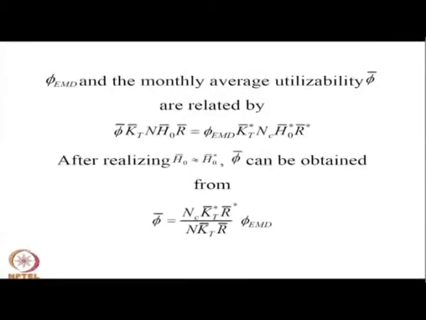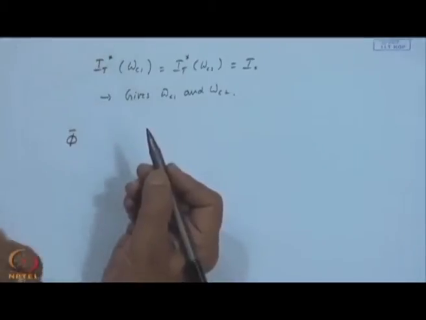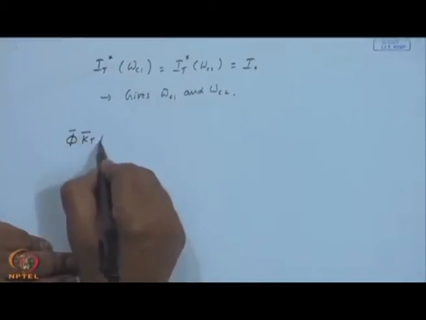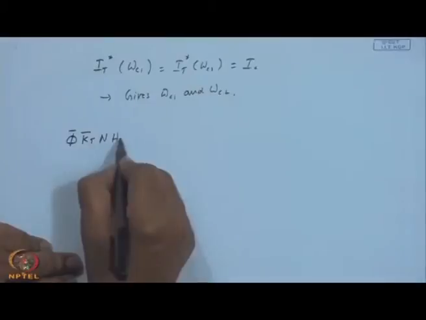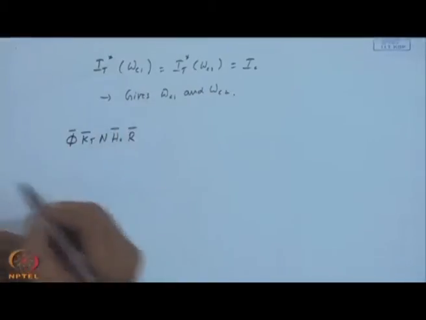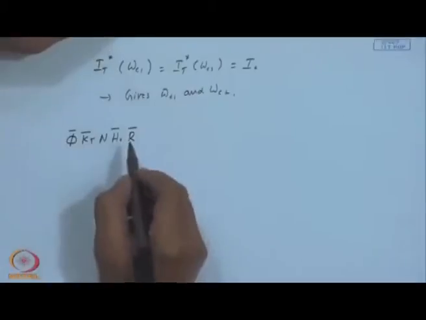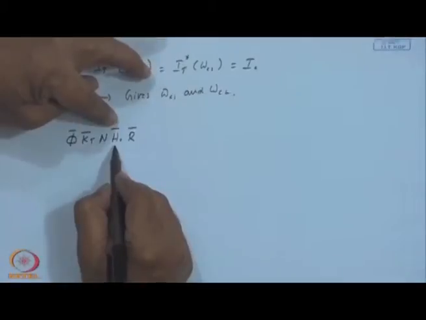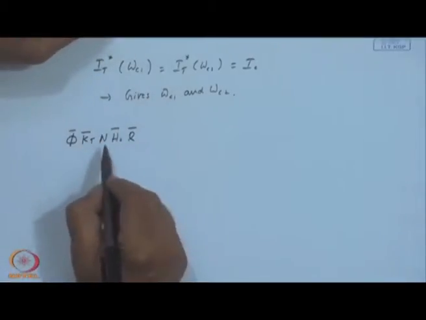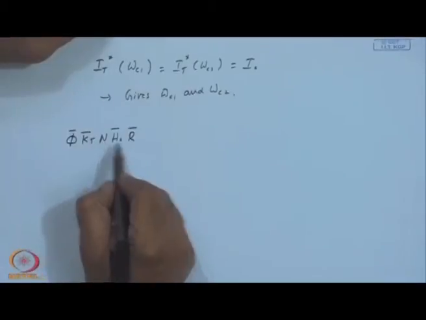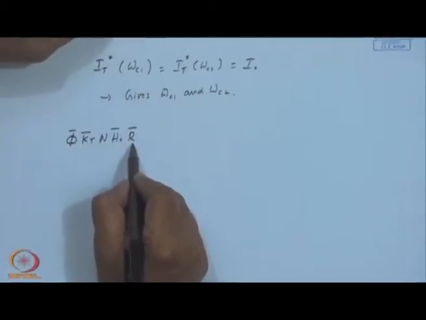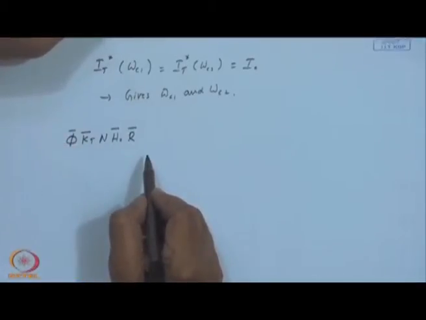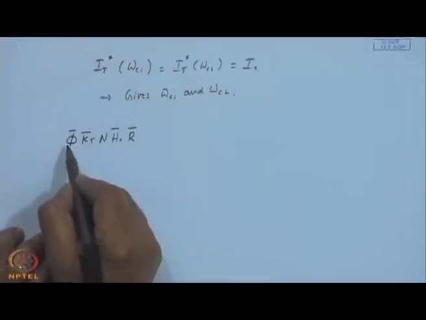Now, the monthly average daily utilizability, which we have been discussing all the time, multiplied by the solar radiation falling on the collector surface, I have deliberately written in terms of the non-dimensional clearness index and the analytically calculable extraterrestrial radiation average, multiplied by the number of days in the month, multiplied by the average tilt factor R bar, multiplied by utilizability, is nothing but the solar radiation available above the critical level based upon the monthly average daily utilizability.